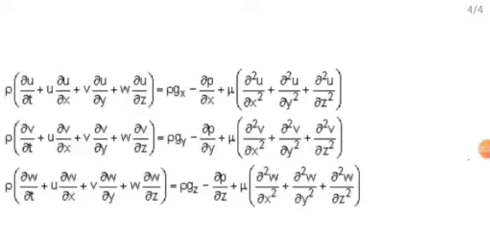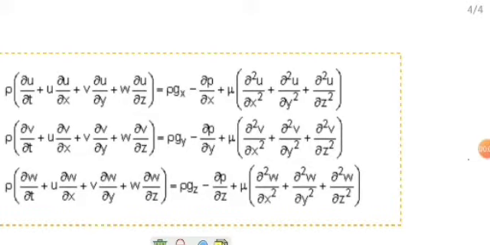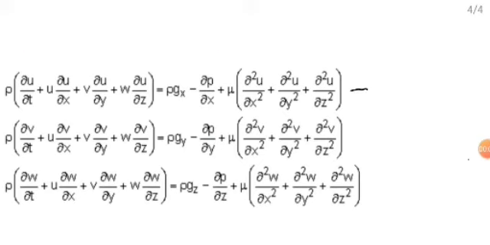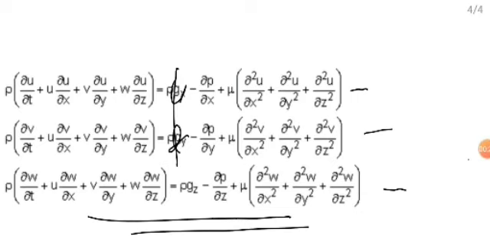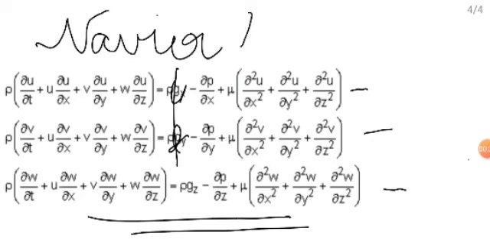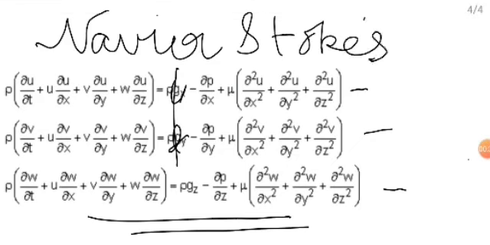Finally, we will be getting the equations this way, which we have already told. This is in x direction, y direction, z direction. Now these two terms we don't have to consider, because I have already said body force acts only in the z direction. So in the final equation we just have to note it, considering gravity force is acting in the z direction. So that is it. These are the so-called Navier-Stokes equations.